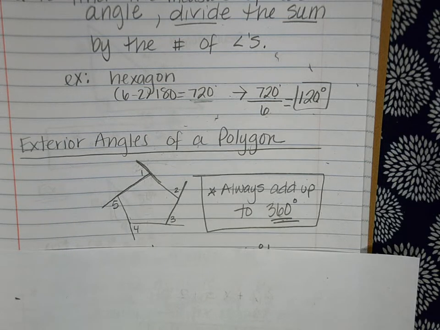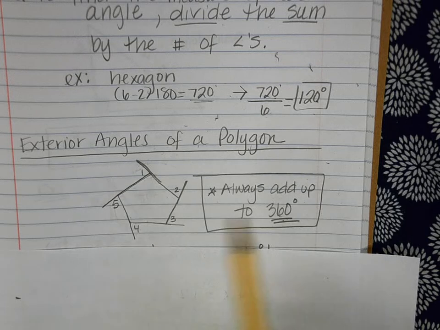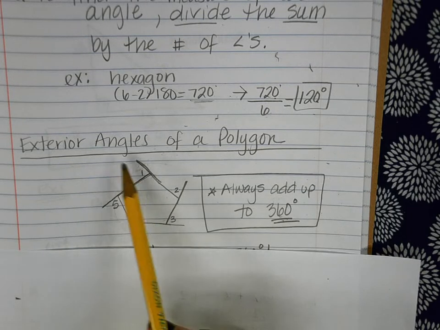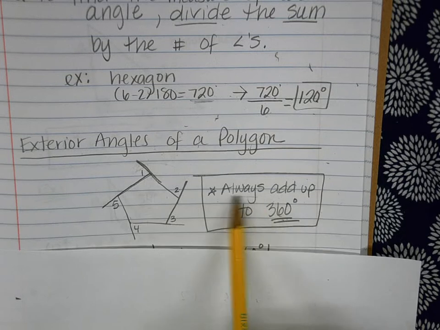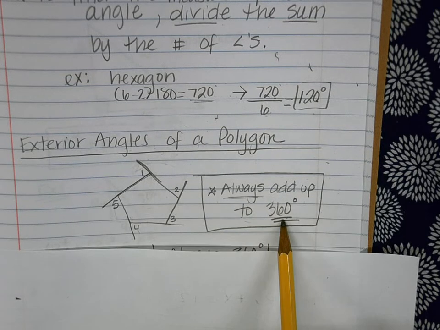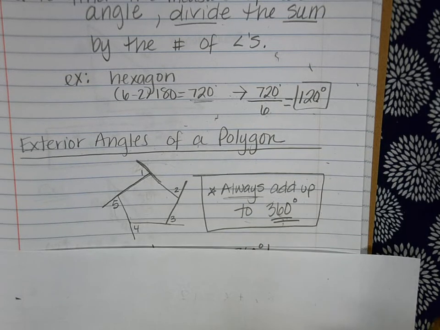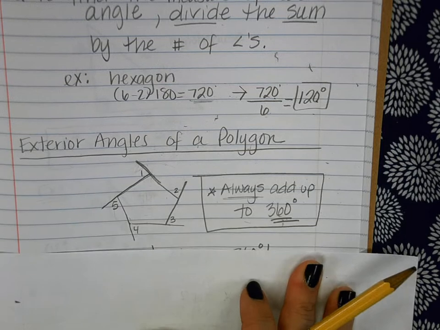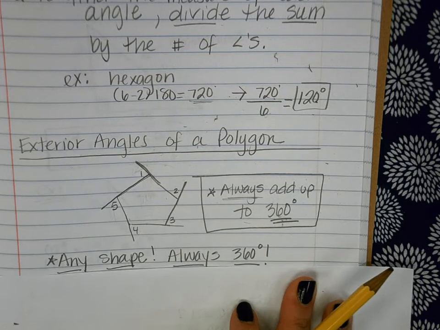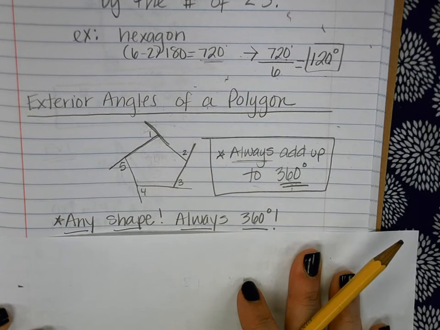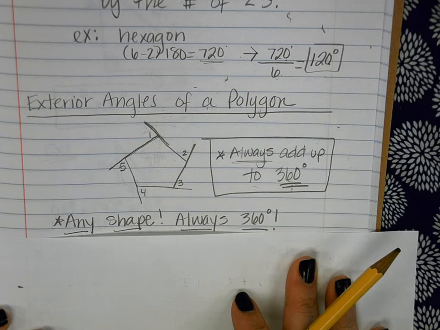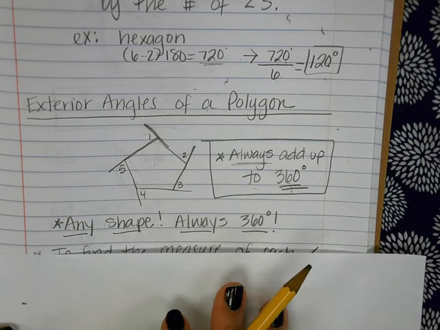All right. So remember, no matter the shape, the exterior angles will always add up to 360. Okay? So any shape, always 360. It's kind of cool. All right.